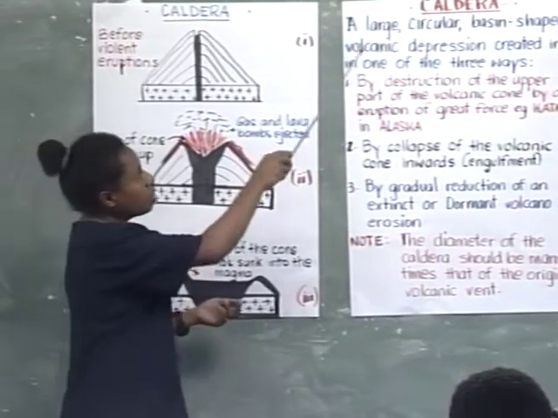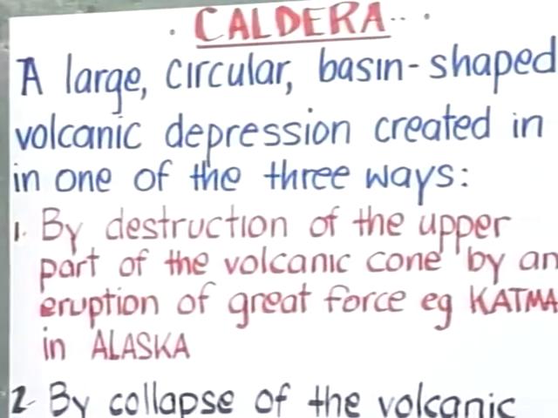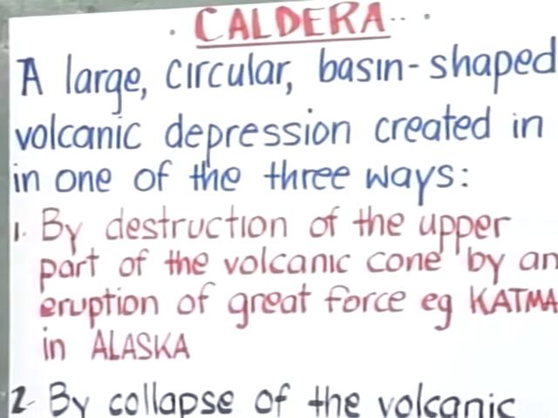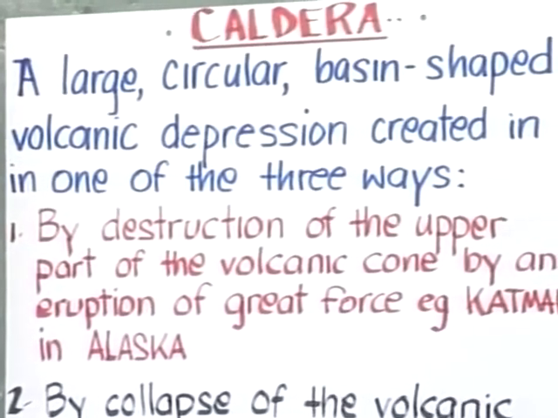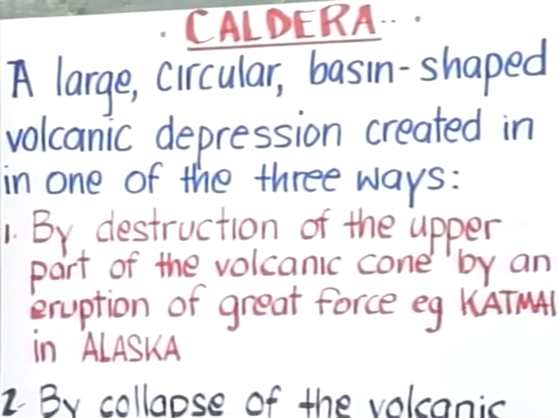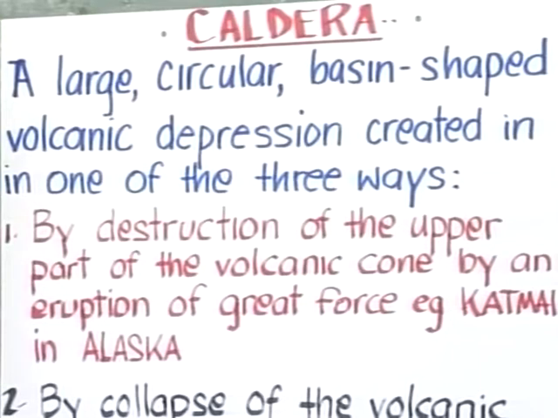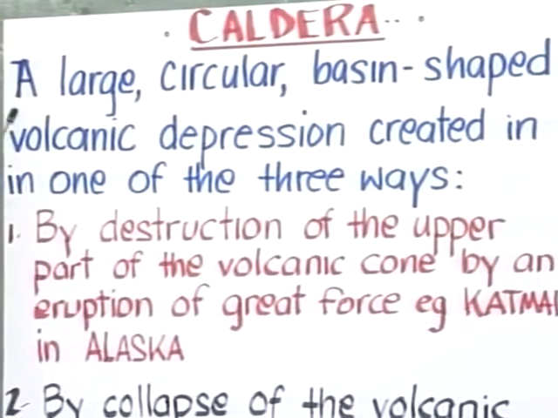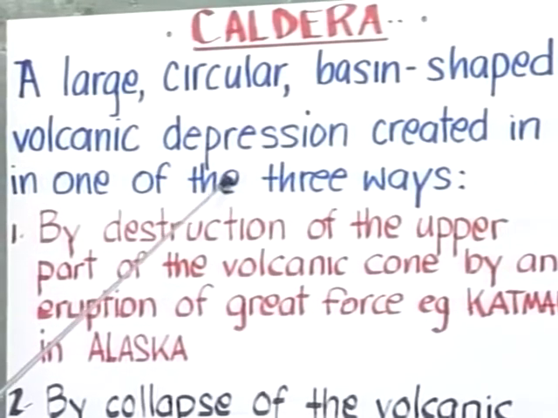The difference between a crater and a caldera is that a crater is usually a small opening, smaller in comparison to a caldera, at the top or the flanks of volcanoes. Whereas a caldera is a large circular basin-shaped volcanic depression.